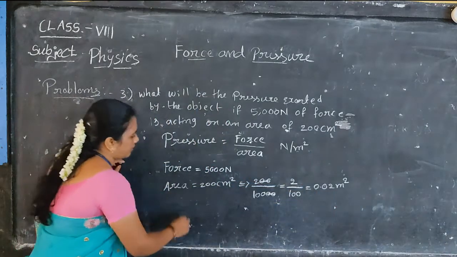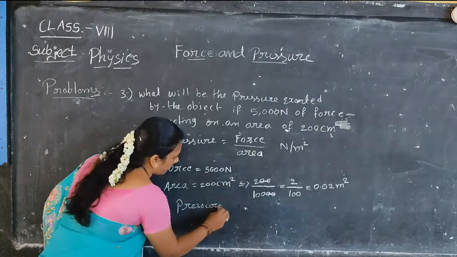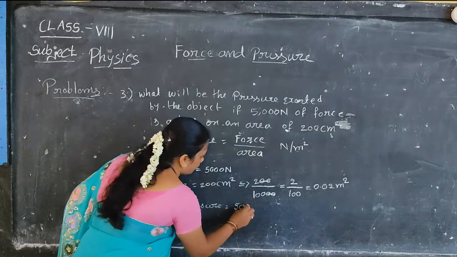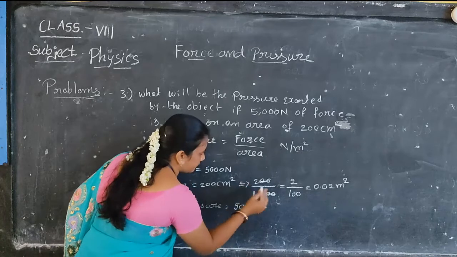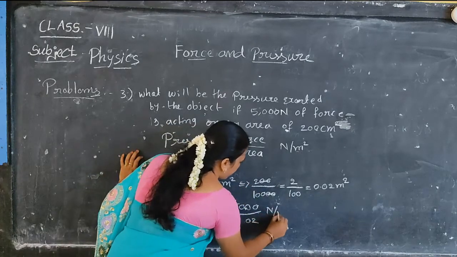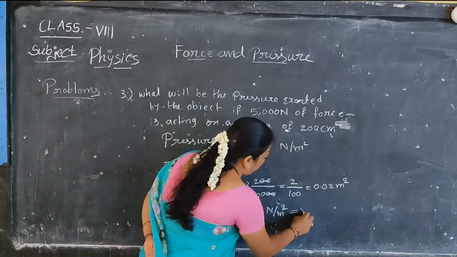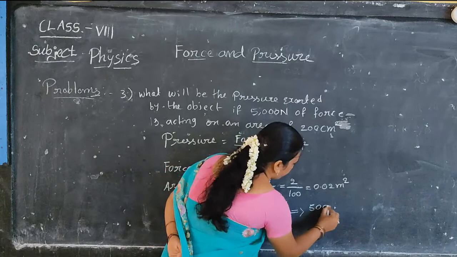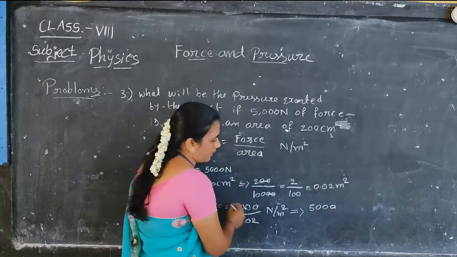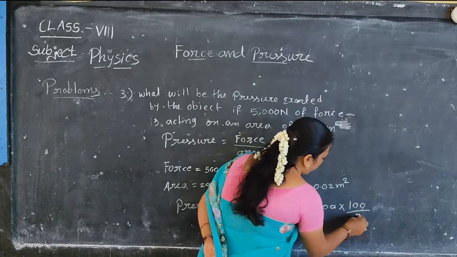Again, now introduce into the formula. Pressure is equal to 5000 by 0.02 Newton by meter square. To remove this point value, can we write it like this, 100 by 2?